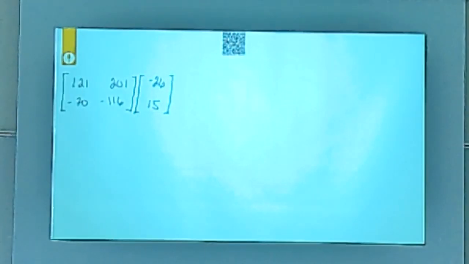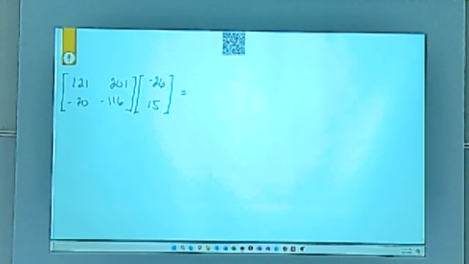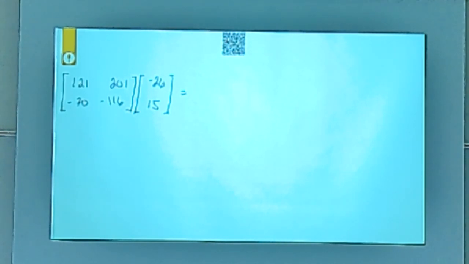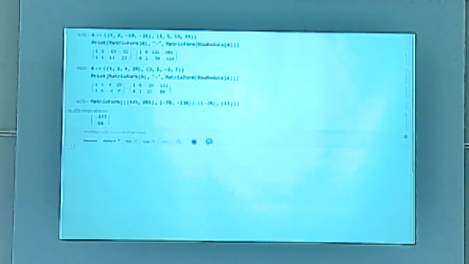Now we just have to do that. You can do 121 times negative 26 plus 201 times 15 in your head, right? Now you have 131, 80.